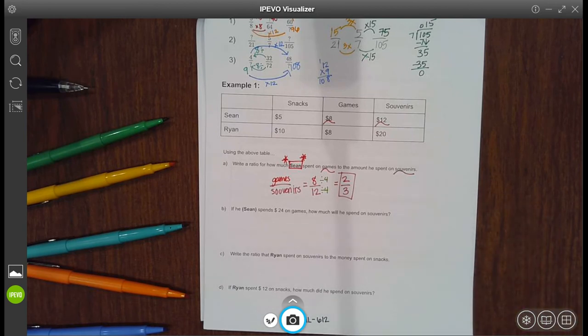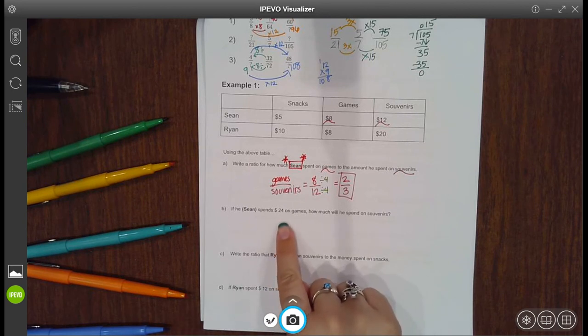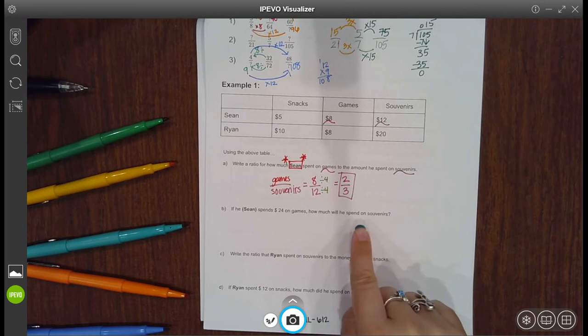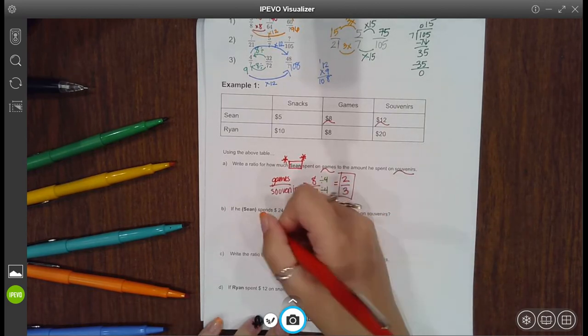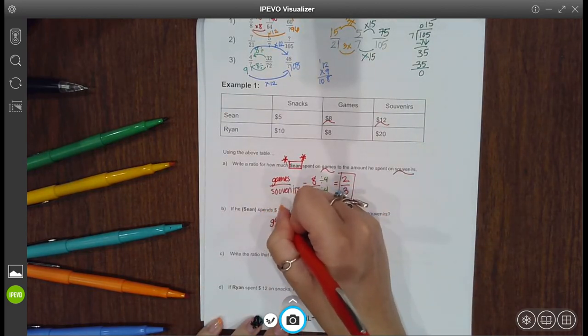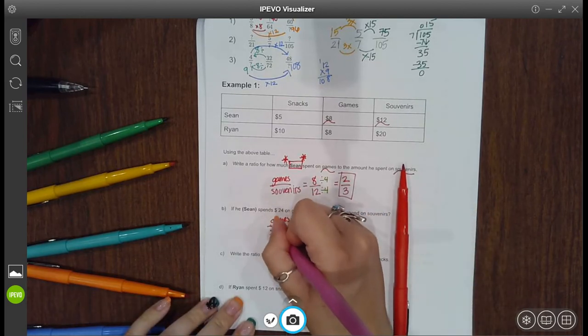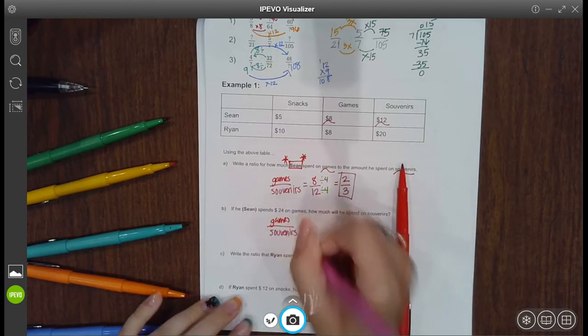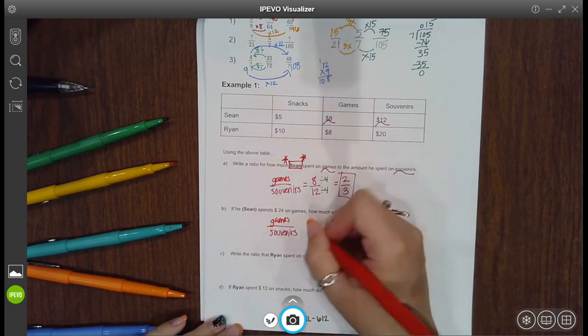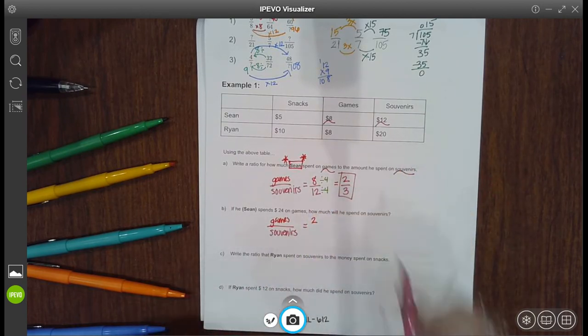Okay, the next one says, if he, Sean, spends 24 on games, how much will he spend on souvenirs? So let's keep that same ratio. Okay, we have games to souvenirs, and we know that that ratio is 2 to 3.